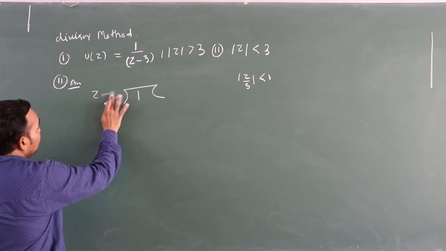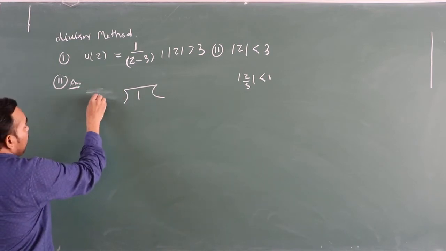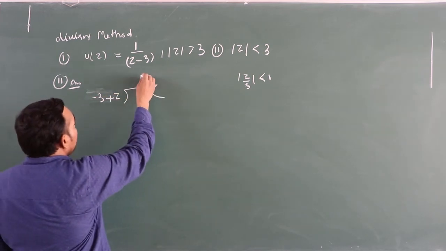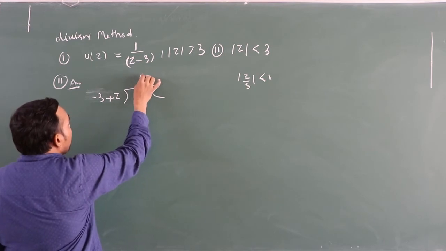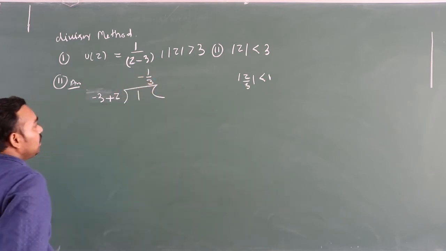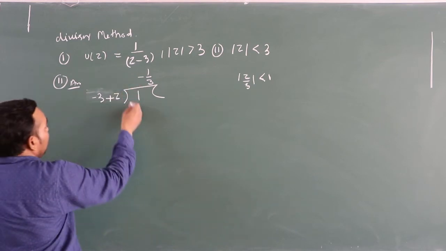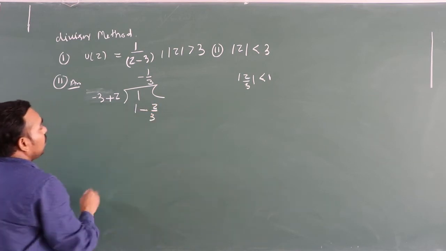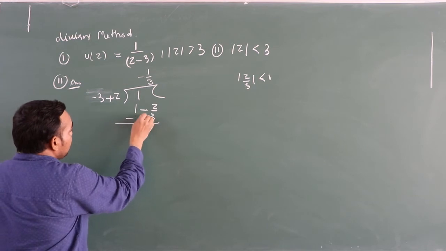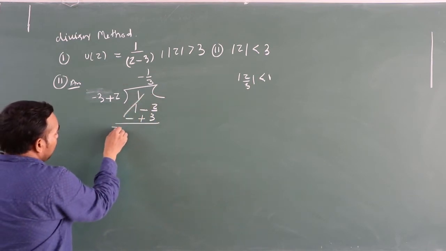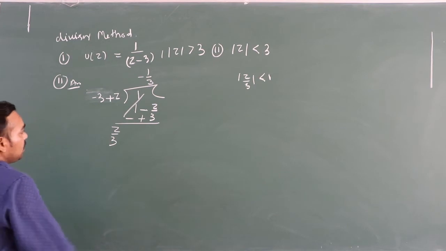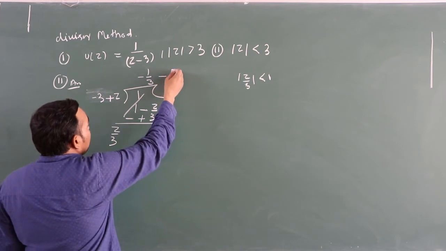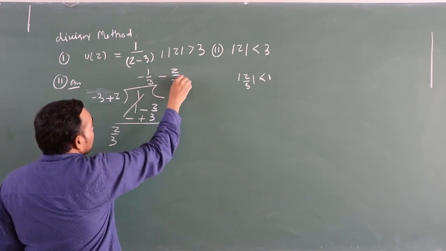So we write this in terms of minus 3 plus Z, and multiply by minus 1 upon 3. It comes to 1 minus Z upon 3. Subtracting, minus minus plus cancels out, and we get Z upon 3, and again multiplying by Z upon 3 square.